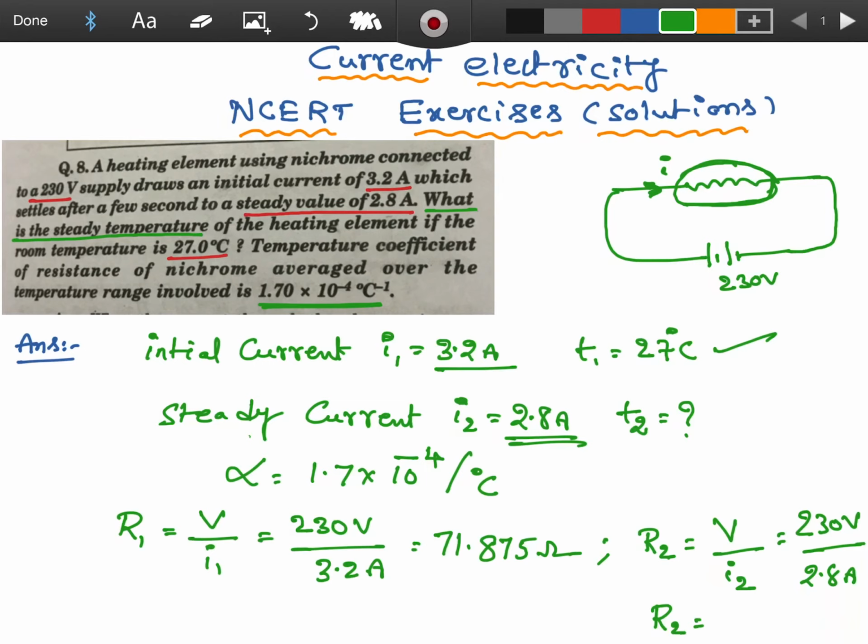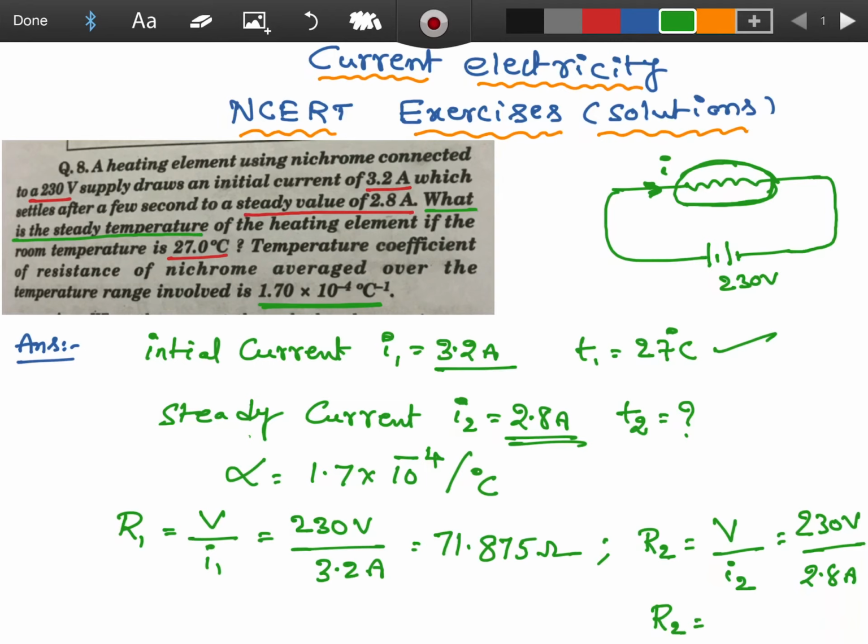Usually you may get the doubt, sir, why is it 3.2 ampere, why is it 2.8 ampere, why is the current reducing? See here, let me take the circuit.